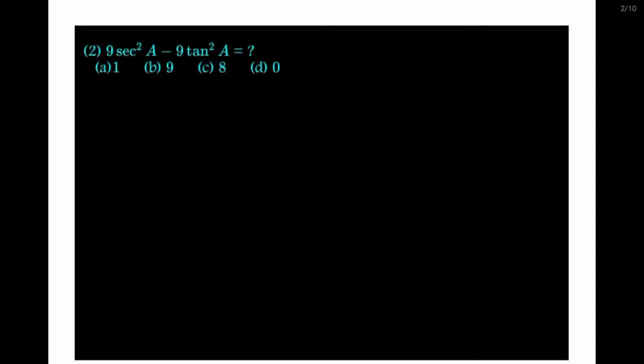The next question is given as 9 sec square A minus 9 tan square A is equal to what? This is a simple question actually, because we know a formula like sec squared A minus tan squared A is equal to 1, and we will use this one after one step.